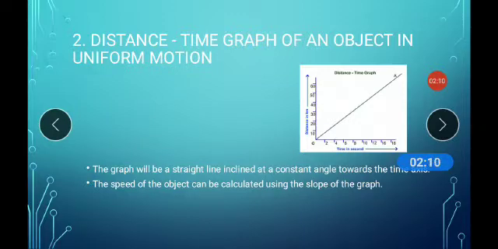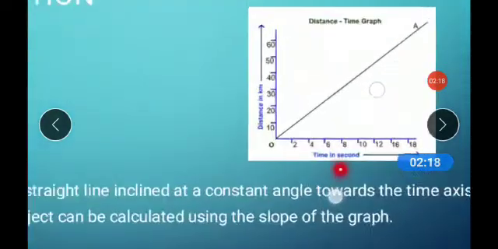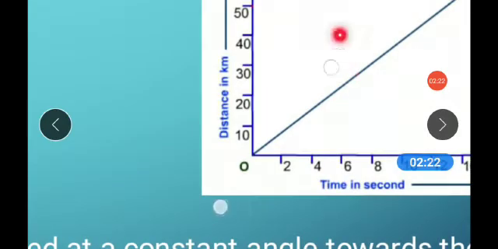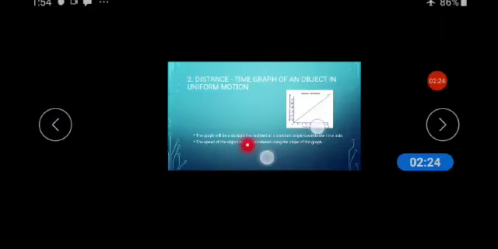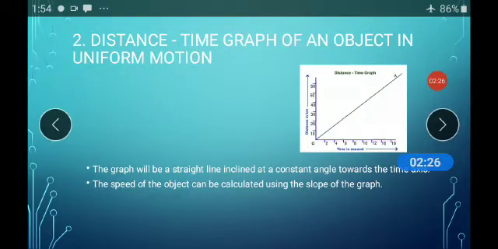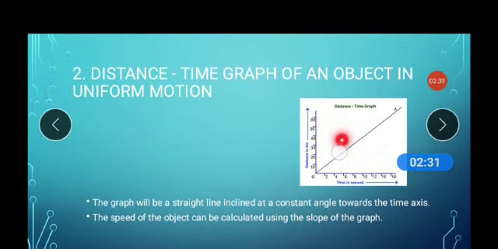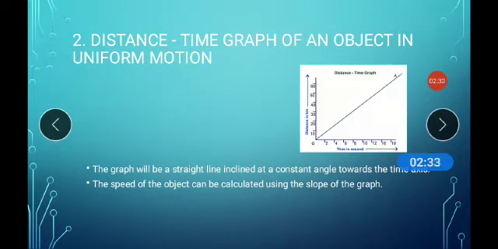We can plot the distance time graph of an object in uniform motion, taking time along the x-axis and distance along the y-axis. And this graph will be a straight line which is inclined at a constant angle with the time axis. You can see it is maintaining a constant angle with the time axis. It is a straight line.